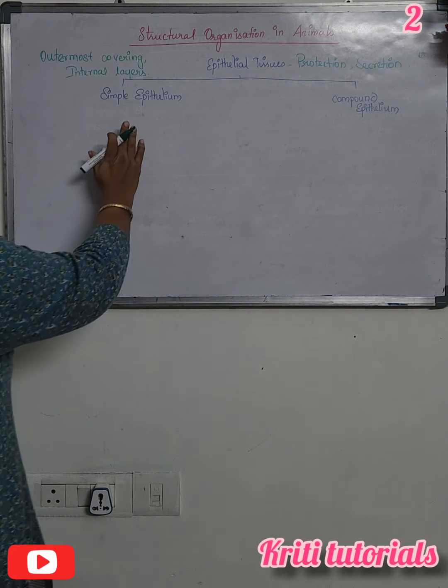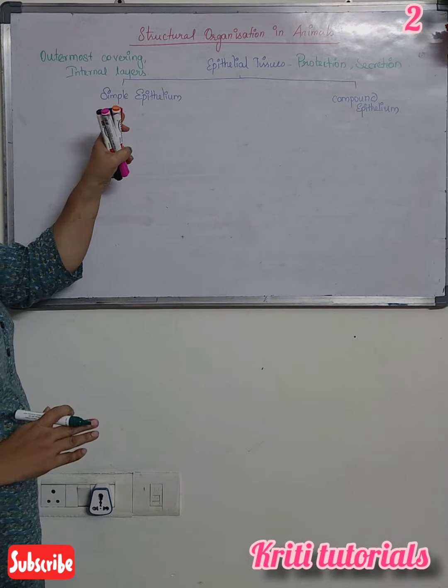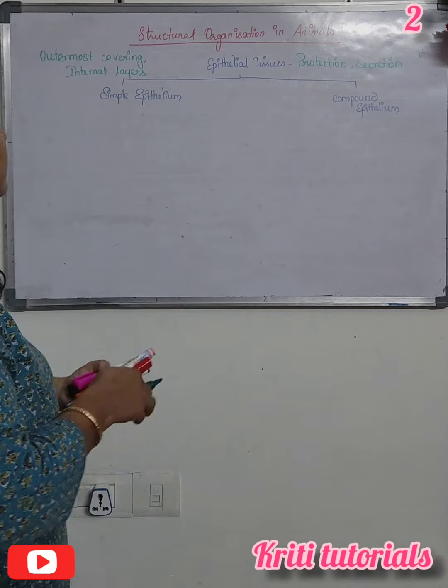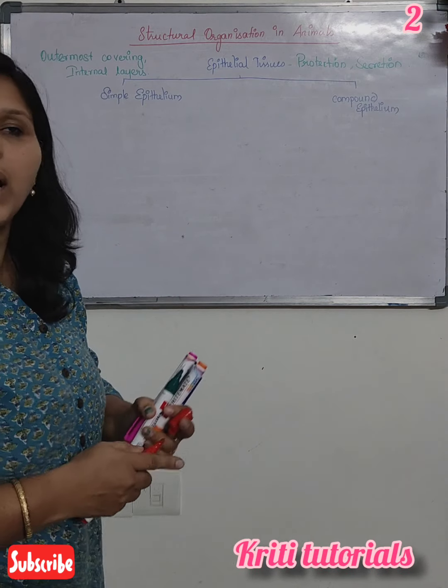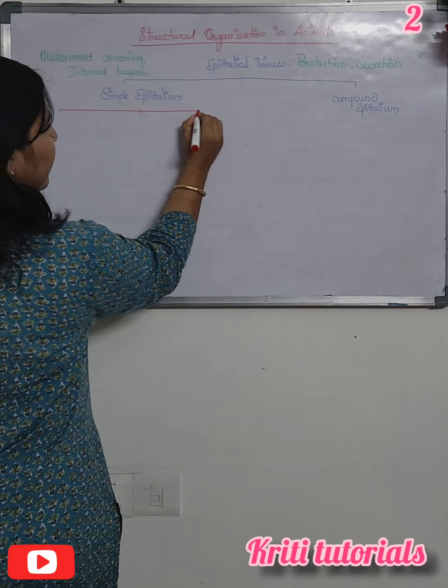Epithelial tissues are classified into two types: simple epithelium and compound epithelium. If we talk about simple epithelium in detail, simple epithelial tissues are classified into three different types.